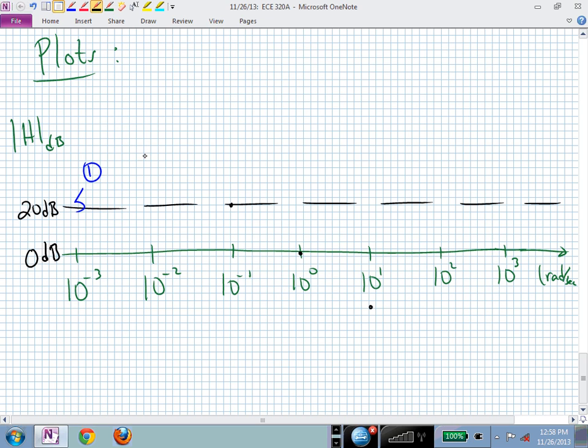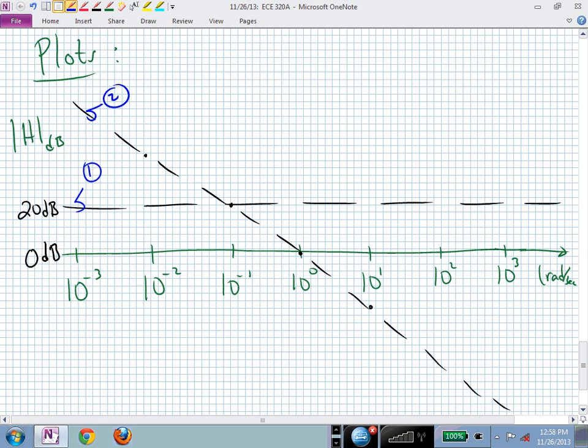It's going to be at 40 here, and now I have to make sure my sketch is somewhat, well, I can, I guess, adjust my straight line to be a little crooked if I need to, but that's now my magnitude term associated with the pole at the origin.